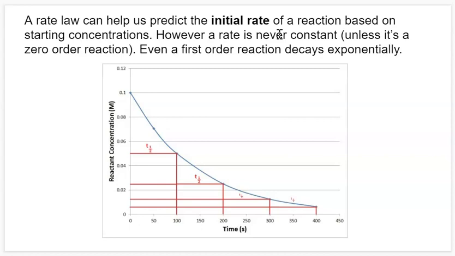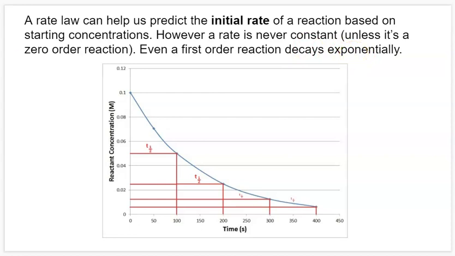And you're not going to be able to track the rate's decrease as the amount of reactants decrease. So the initial rate is always going to be something kind of linear, but then as the reaction proceeds, it's going to drop off exponentially, unless it's zero order. But even first order decay, which usually has a linear relationship, has an exponential decay to it.